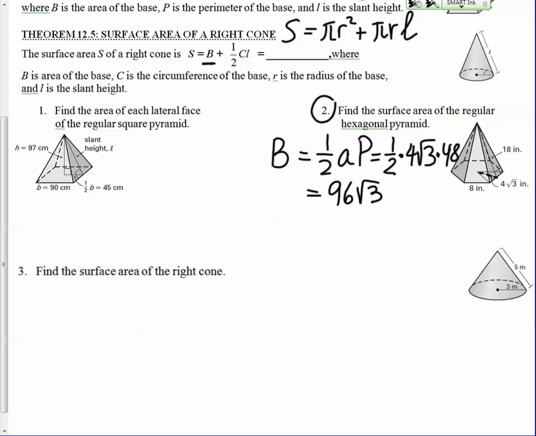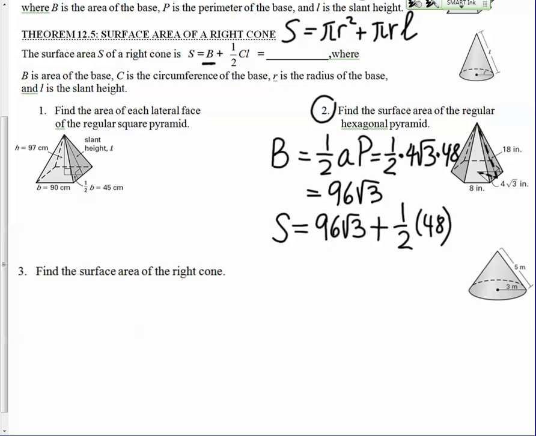Wow, a lot. Okay, so the surface area, again, it's the pyramid. So just one base, 96 square root of 3, plus, and here it comes, 1/2 times perimeter again, 48, times the slant height, which is right here.